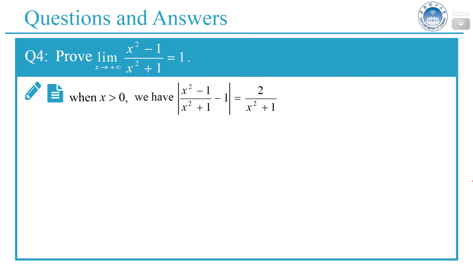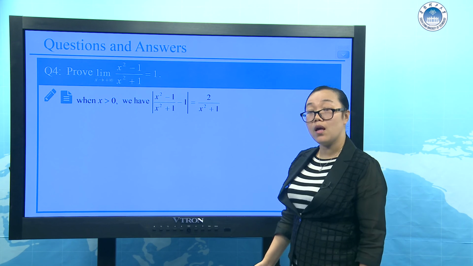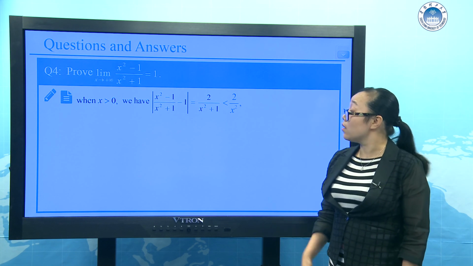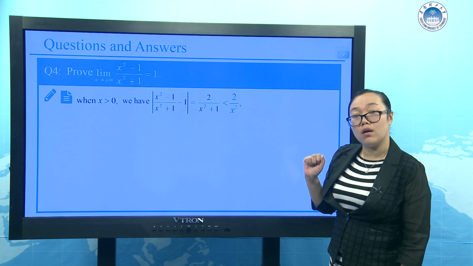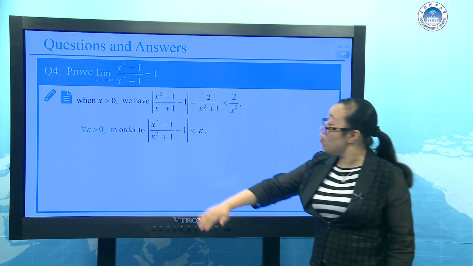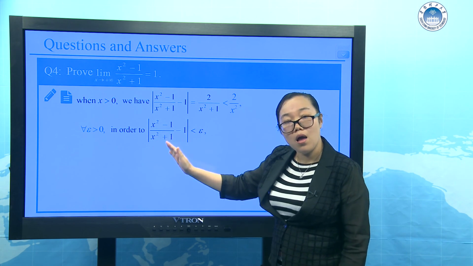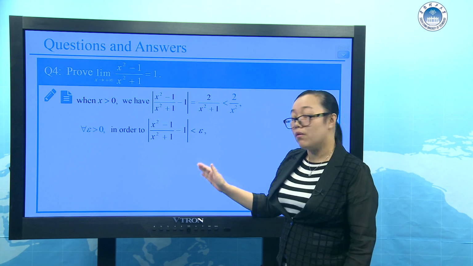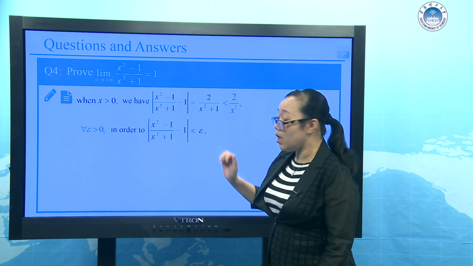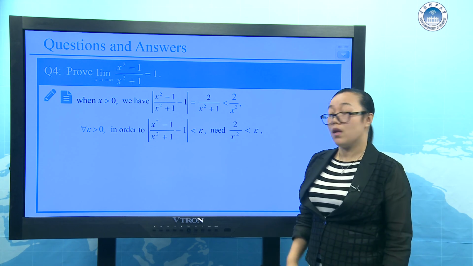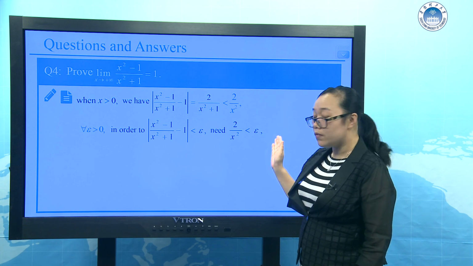How to make it less than epsilon? We don't know yet. How about capital M? This expression is less than 2 over x squared. For any epsilon, in order for the absolute value of f(x) minus L to be less than epsilon, it suffices that 2 over x squared is less than epsilon.